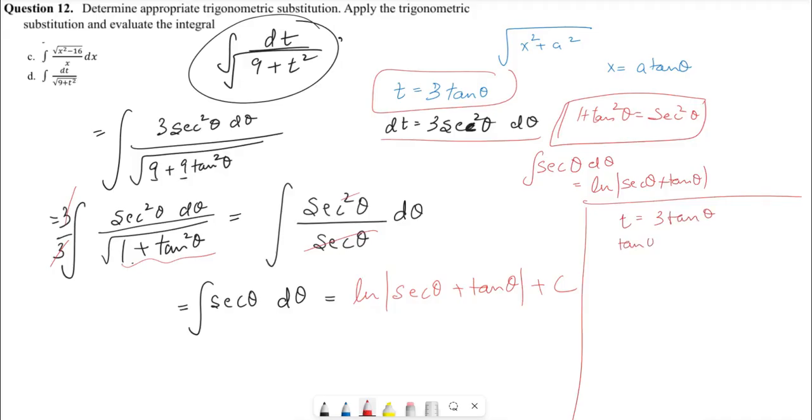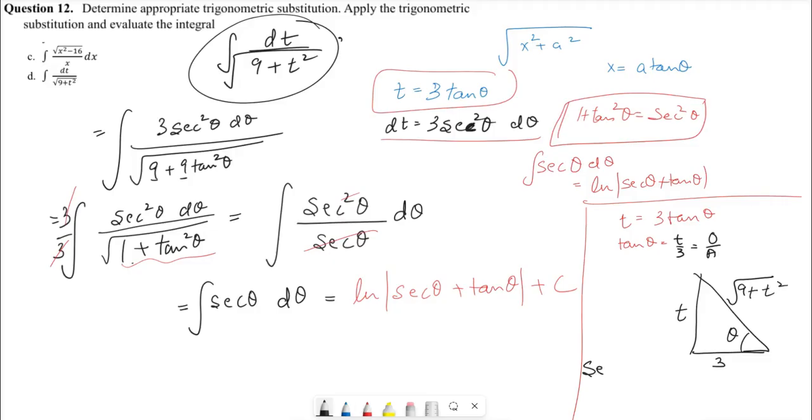So tangent theta is equal to t by 3. Tangent is usually opposite by adjacent. So if I draw the right angle triangle based on that, opposite will be t and adjacent will be 3. Using the Pythagorean theorem, the hypotenuse will be the square root of t squared plus 9. Or, because you want to make it look like the original question, you can also write 9 plus t squared; both are the same.